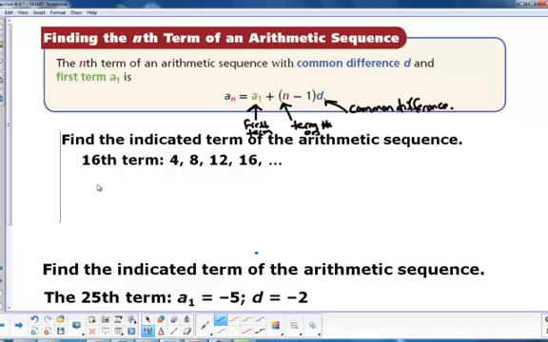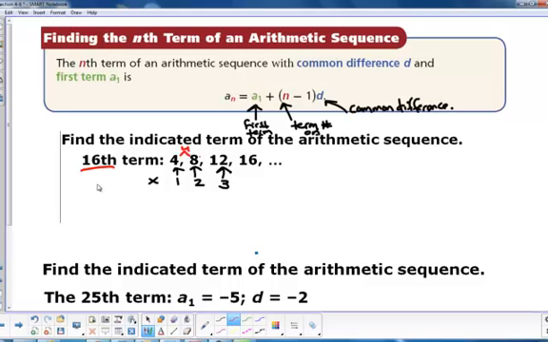When we're looking at an arithmetic sequence, this is the first term, this is the second term, this is the third term. It's not the 0. We could find the 0, but we don't need it right now because we're just going to get the 16th term. So first of all, is this arithmetic? It says it is. Let's just make sure.